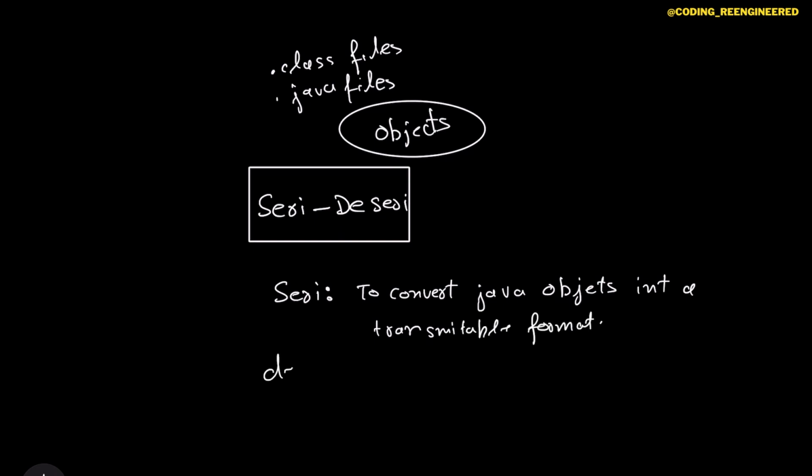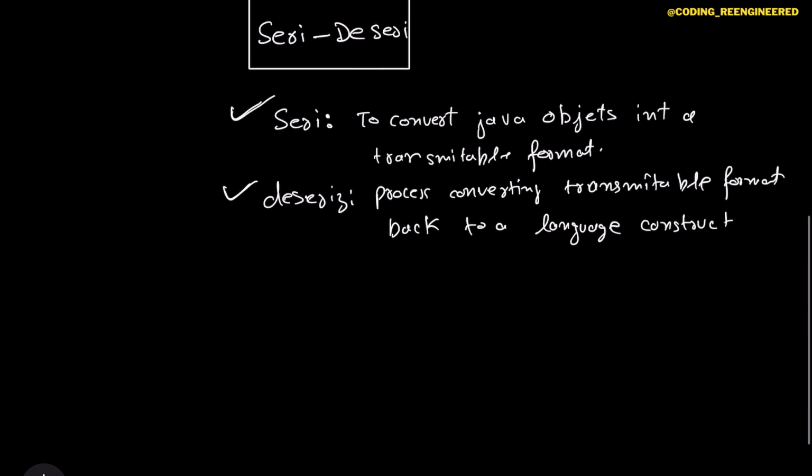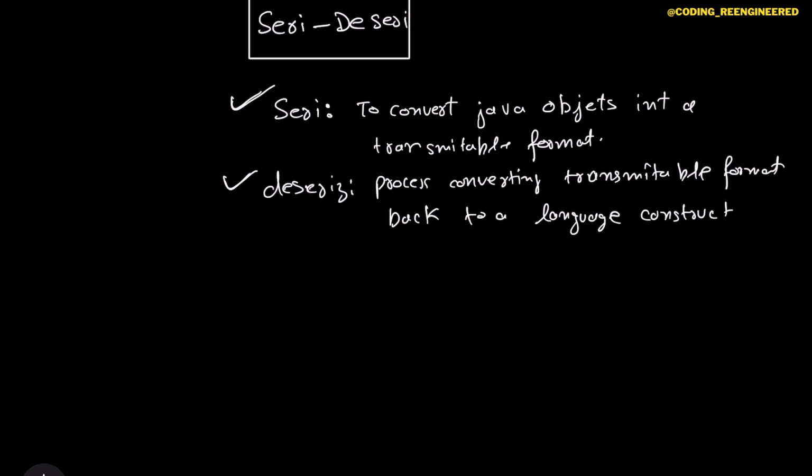And deserialization is the process of converting the transmittable format back to a language construct. So these terms serialization and deserialization are language agnostic. It has nothing to do only with Java, but it is a part of Java. Most of the other languages do support serialization and deserialization as well.